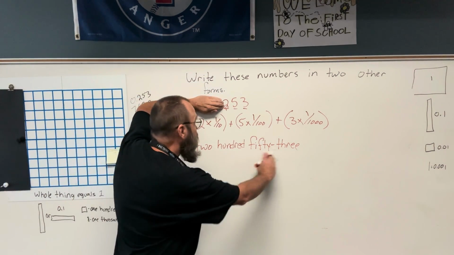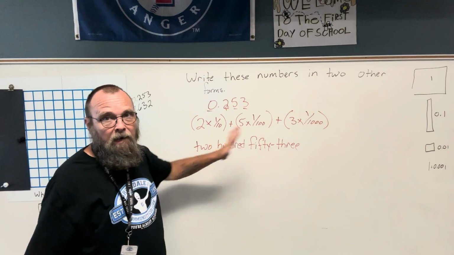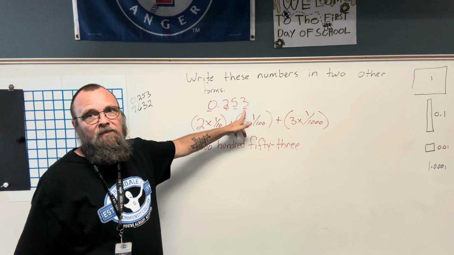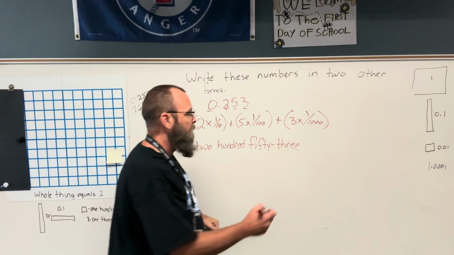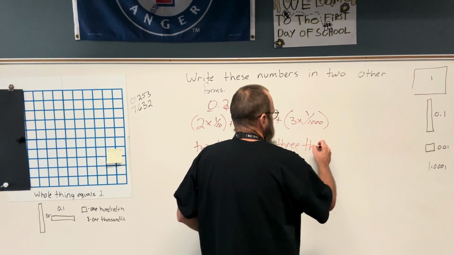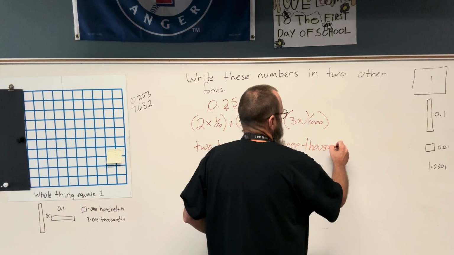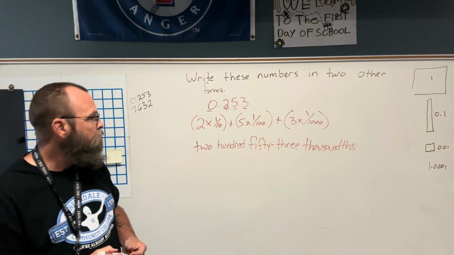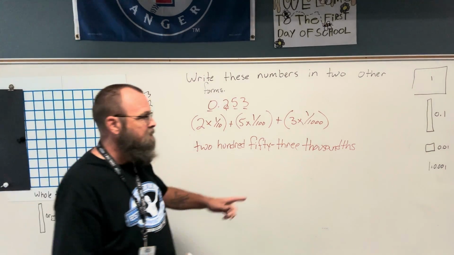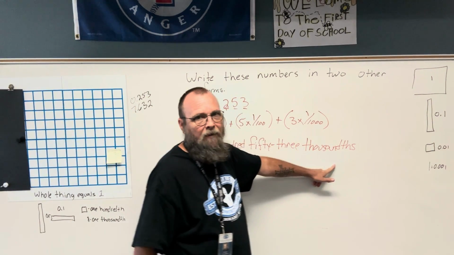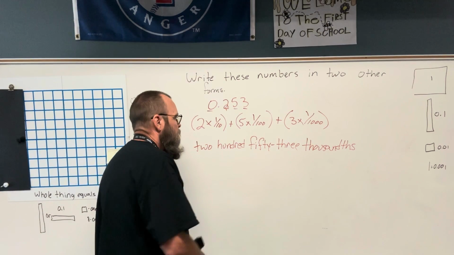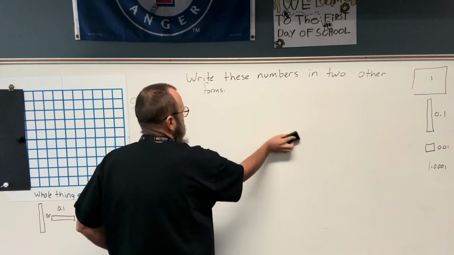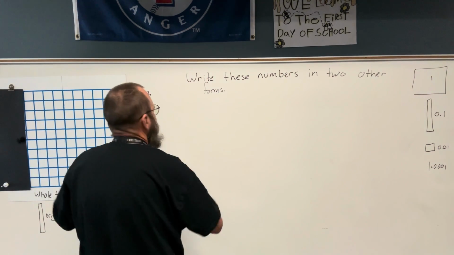Now it's behind the decimal point, so I have to write the last place value, which is the thousandths. Make sure you're ending with a THS. 253 thousandths. The THS tells us we're behind the decimal point. Let's look at another one.